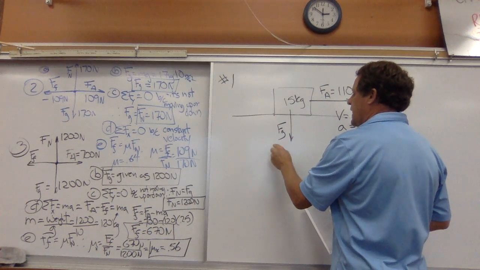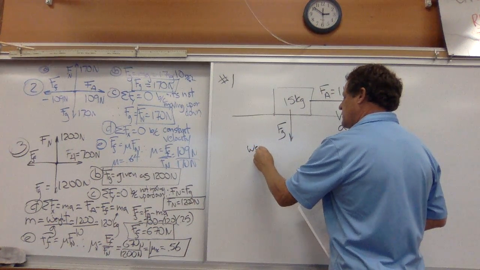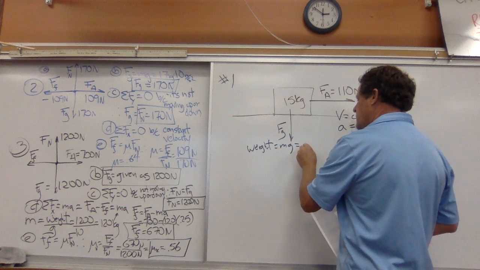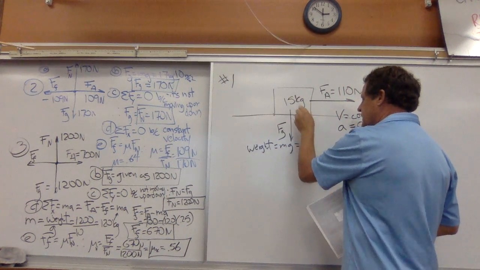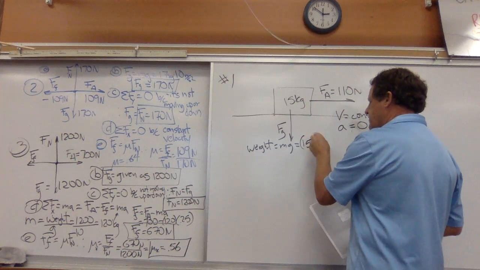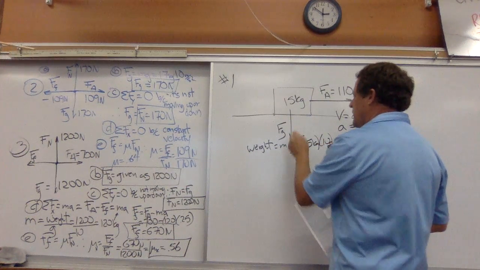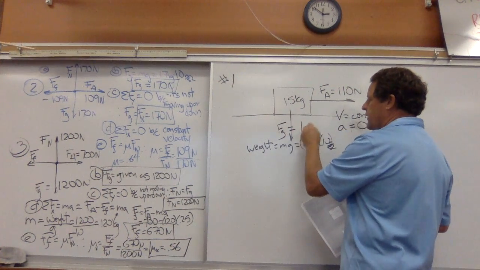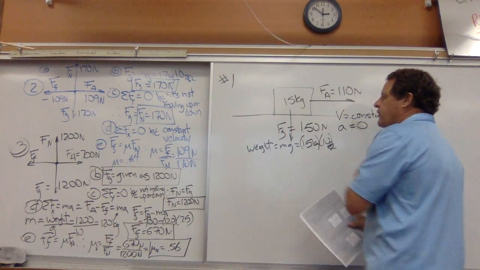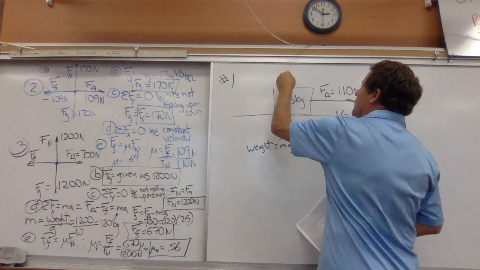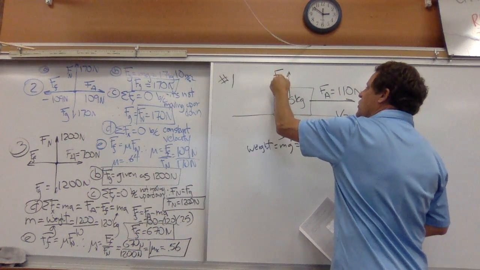And that weight is equal to mg, which would equal 15 kilograms times 10 meters per second squared. And so our force of gravity is going to be 150 newtons. All right.